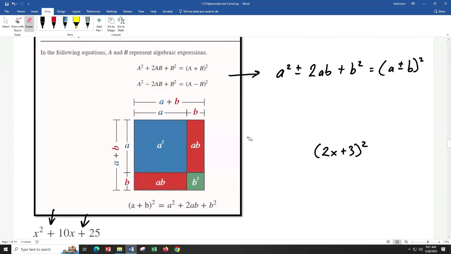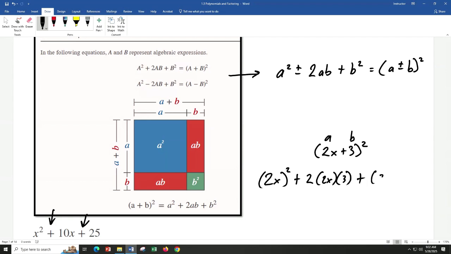So put the formula here. The formula says I have an A and I have a B. Doesn't that just mean I have (2x) squared? I have a plus symbol. And then I have 2 times 2x times 3.